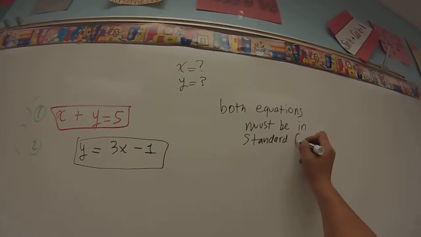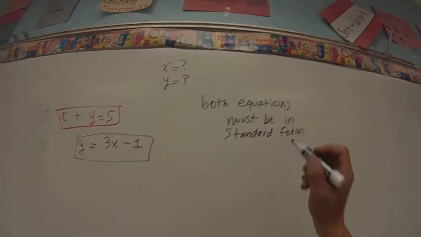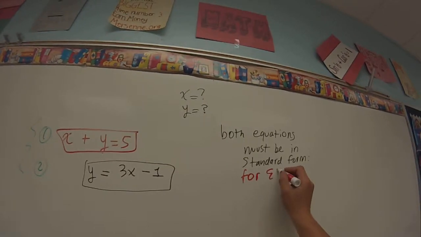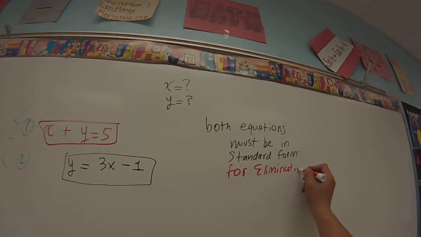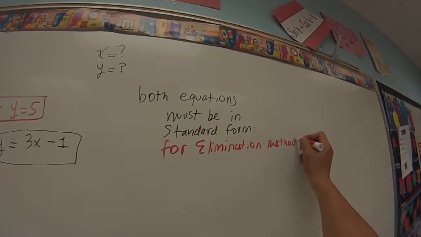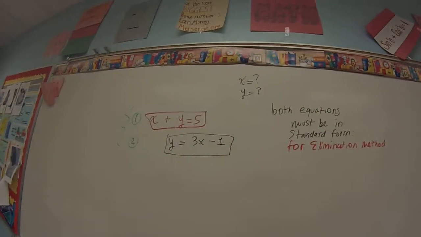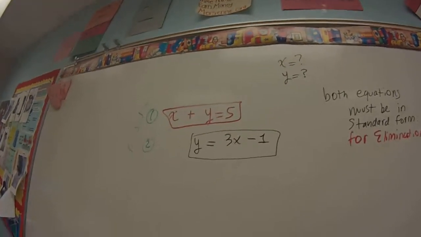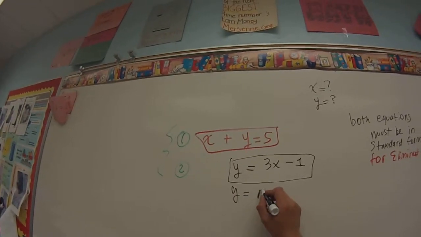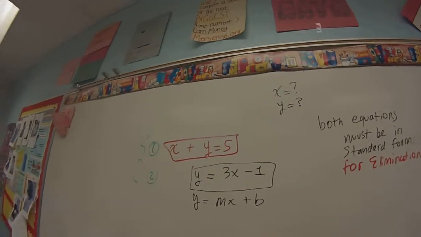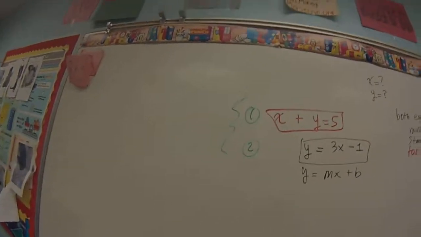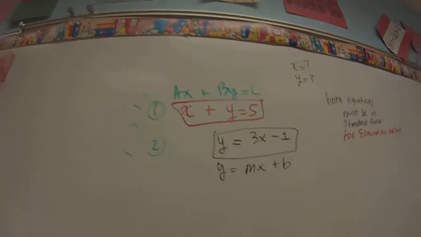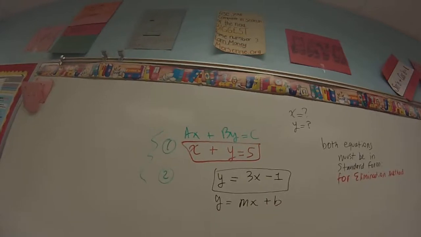That will make it easier for us to solve it, because remember that we're using the elimination method. So both equations must be in standard form for the elimination method. The bottom one is in slope-intercept form, which is y equals mx plus b. The top one is in standard form, which is Ax plus By equals C. So let's put the bottom one in standard form.